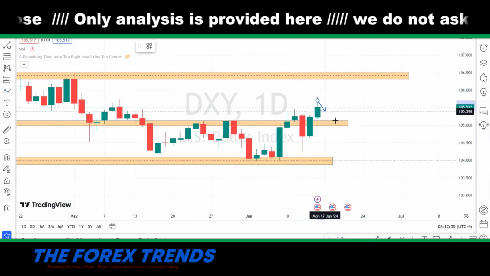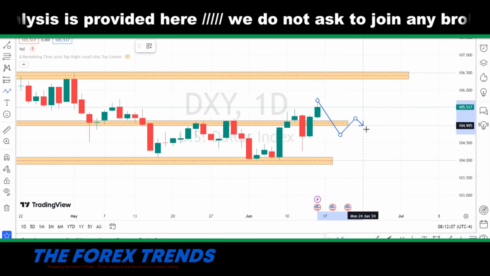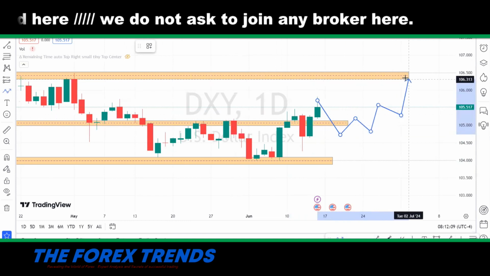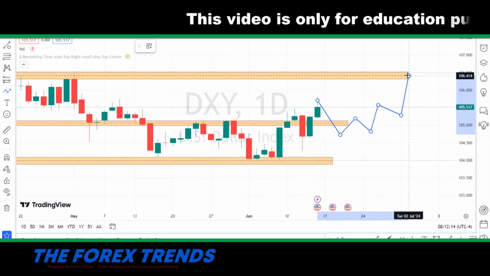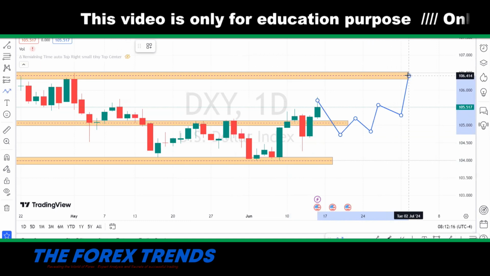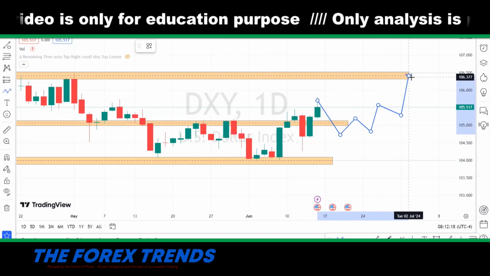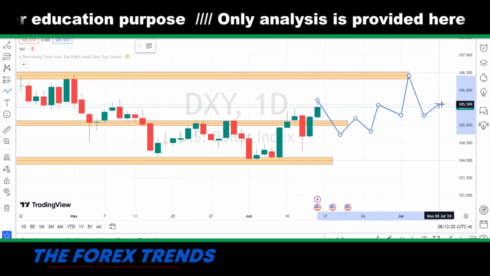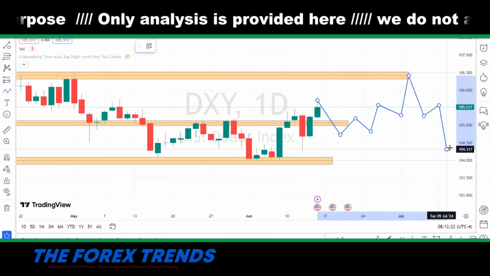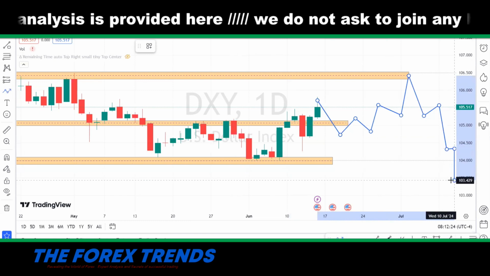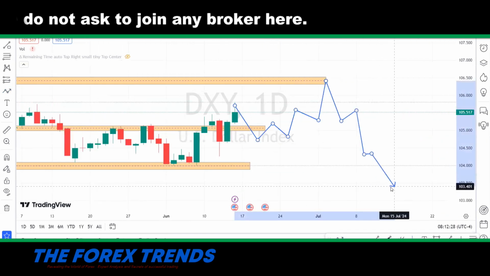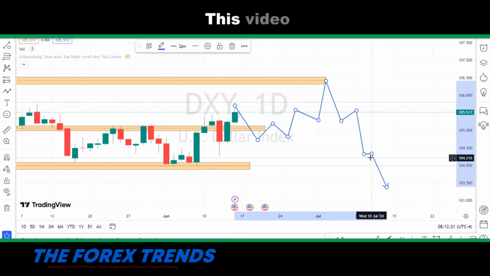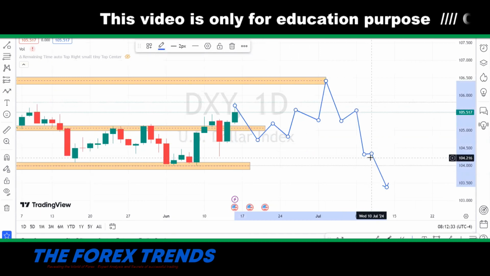DXY may come again to this zone and then start to rally up to this level, and after testing this zone, that is 106.50, the DXY will be bearish for the long term as per the market sentiment. So this is the analysis of DXY.